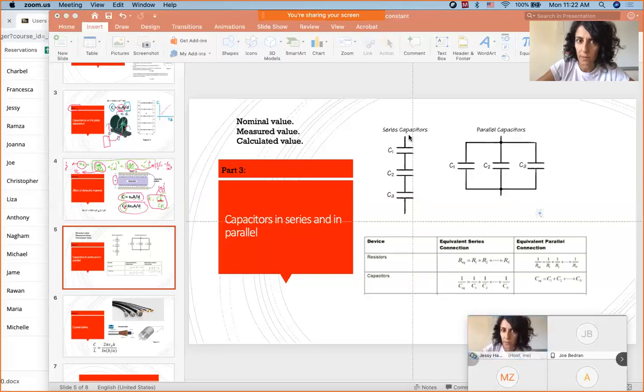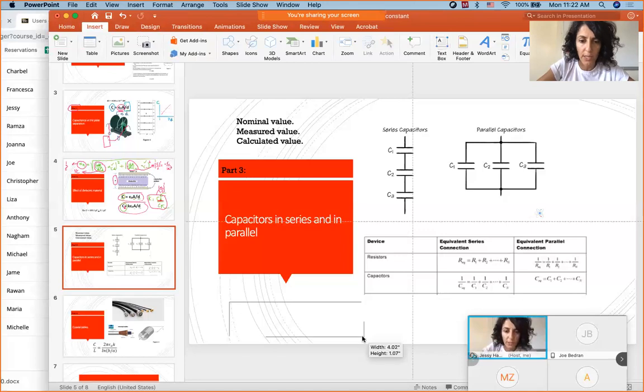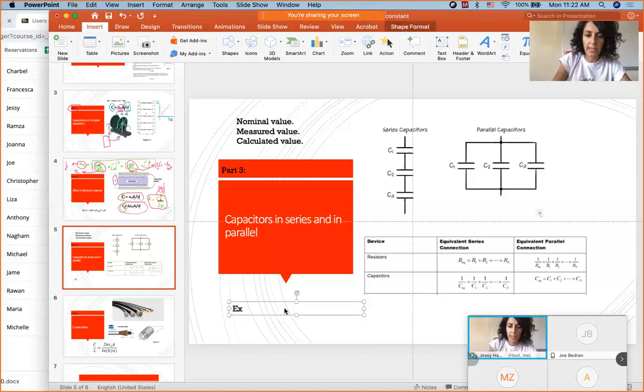It is 1 over... Okay, and you can see some reminder in this table. So let me insert a text box without stopping sharing, because this is what happened a few minutes ago. As an example, you are given C1 equal to 22 nanofarad, and C2 equal to 44 nanofarad.